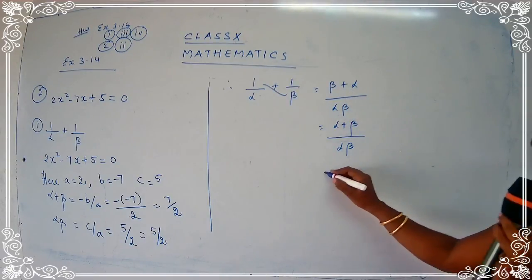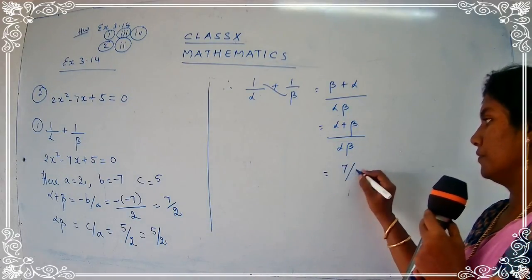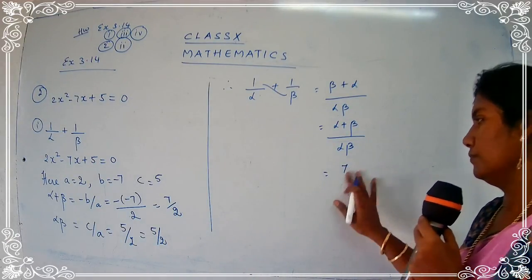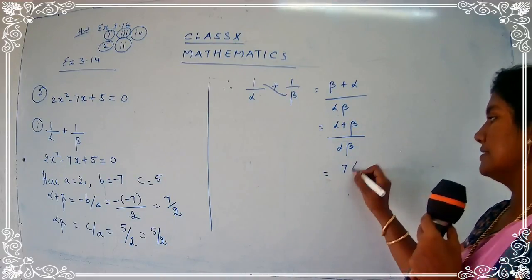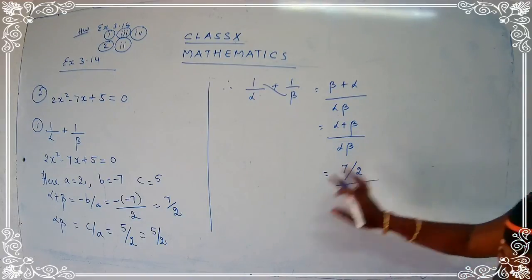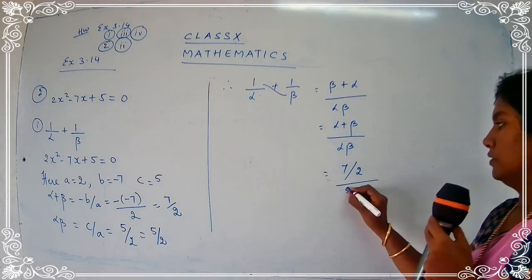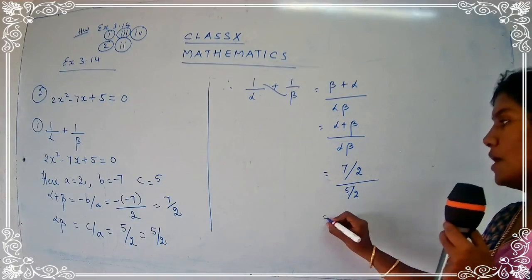So this is equal to, what is alpha plus beta? 7 upon 2. I'll just put it like this so that it will be easy. 7 upon 2 upon, what is alpha beta? 5 upon 2. So this is a fraction upon a fraction. How are you going to solve?